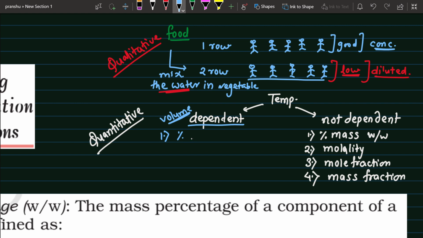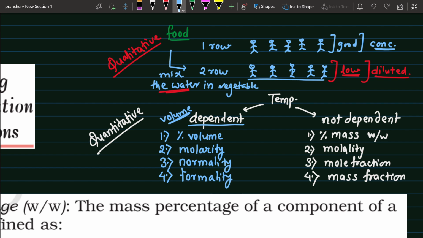Like percentage by volume, molarity, normality, formality, in such terms, percentage V by V or W by V, both.